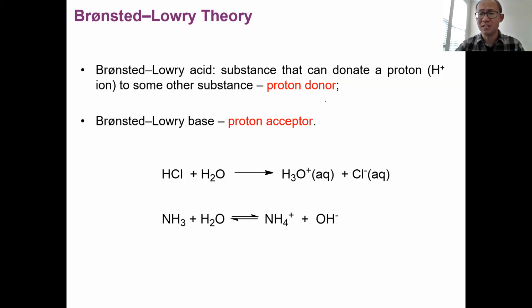Any substance, it doesn't matter what substance, it doesn't matter if it dissolves in water or not, as long as it can donate a proton. Again, a proton is hydrogen plus. So two very key words for Bronsted theory of acid and base: donate a proton, proton donor. If a substance can donate a proton, then the substance is called an acid.